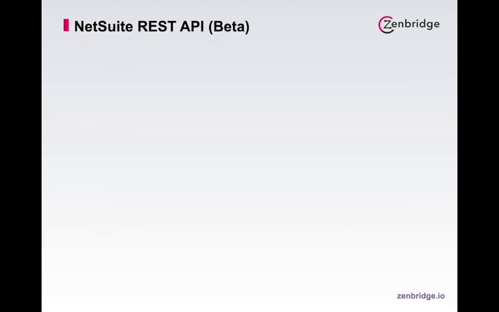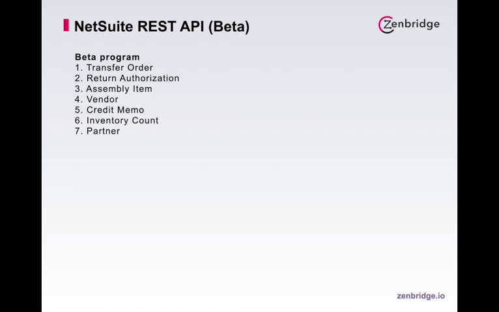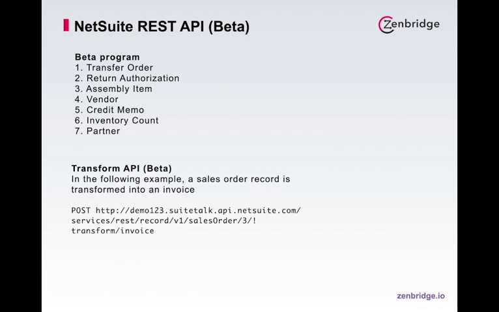Now, NetSuite also has some other APIs which are still in beta phase. As you can see here, transfer order, return authorization, assembly item, and the other items listed on this list are still under the beta program. And they also have a very interesting feature called Transform API. Basically, you can convert one record type into another. This is for convenience. As an example, you can convert a sales order into an invoice.